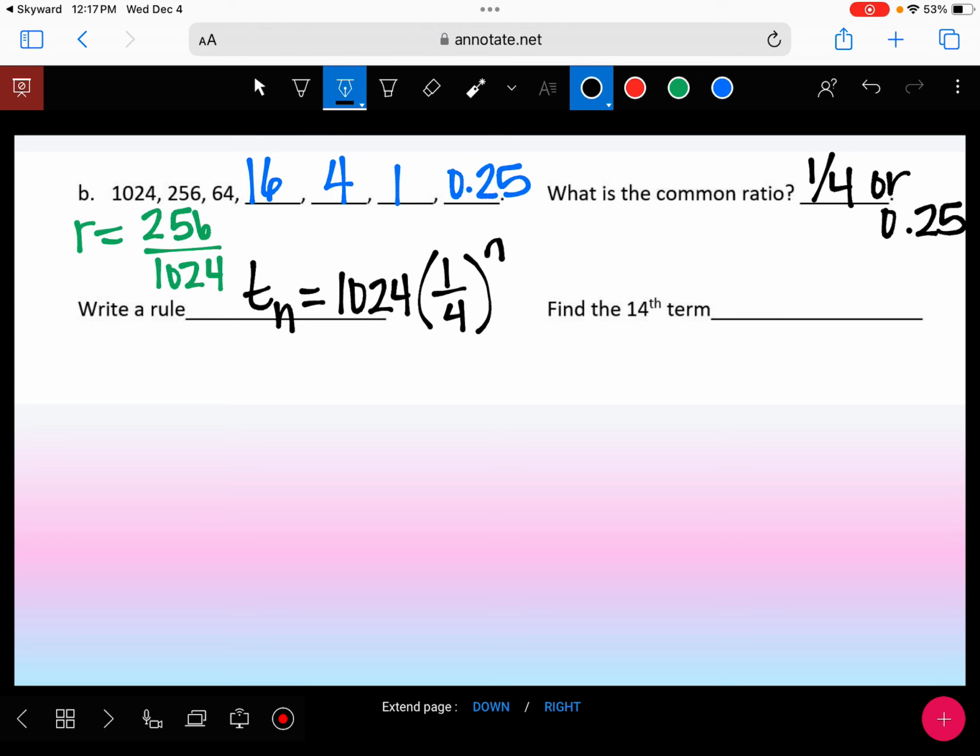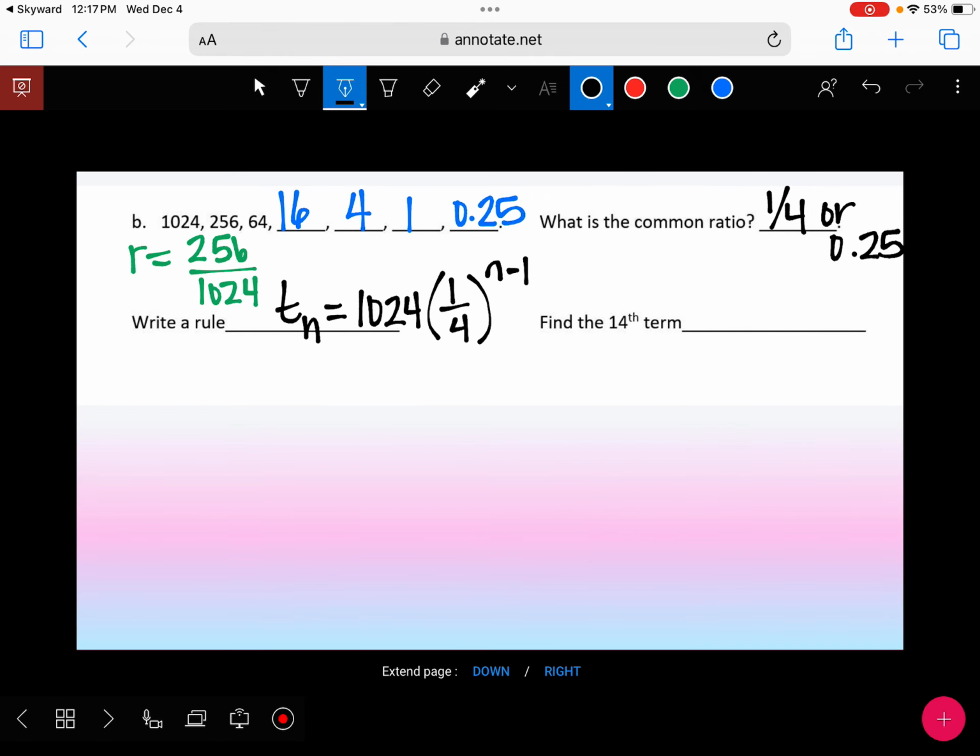Fraction or decimal is the same thing. 1/4 is the same thing as 25 cents. And now use that rule to find the 14th term. Substitute in the 14. And you get a really small number.